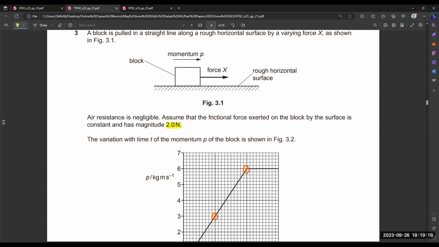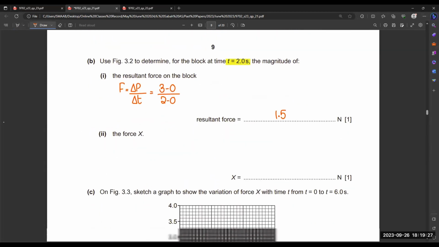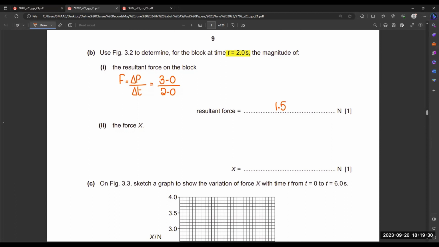We already know that the surface frictional force is constant and has a magnitude of 2 newtons, and we already calculated the resultant force on the block, which is 1.5. So 2 plus 1.5 gives you 3.5. So 3.5 is your final answer.